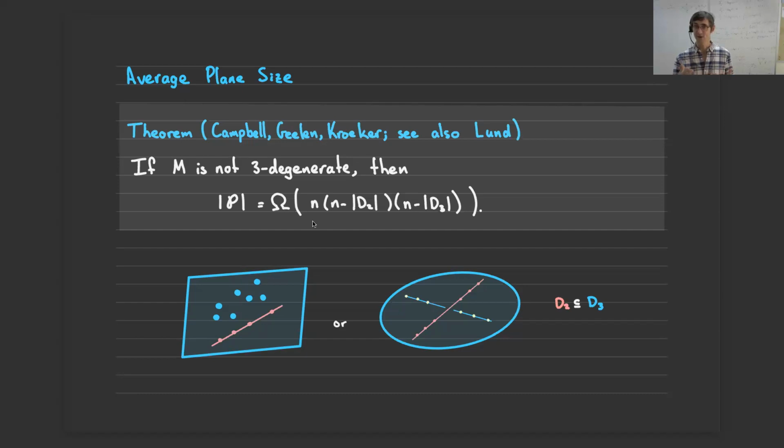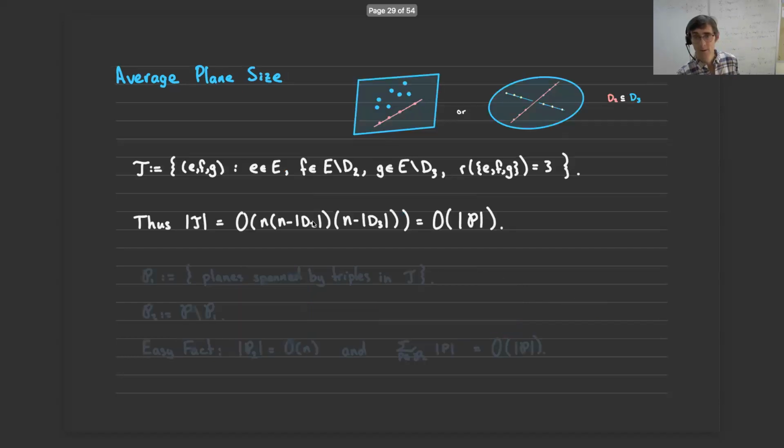If you're interested in plane size, you're really getting at structure, and this 3 degeneracy is really the right notion. There are nice techniques that come up in this part of the paper.